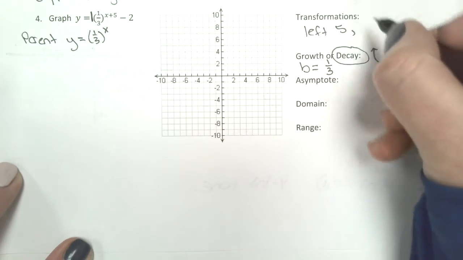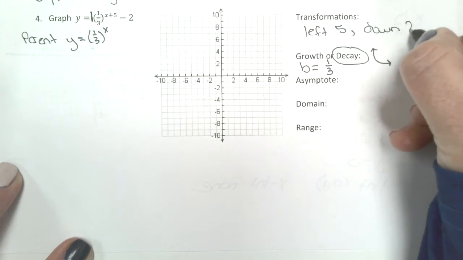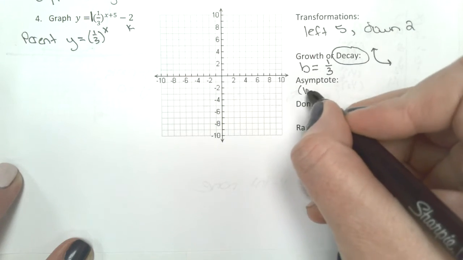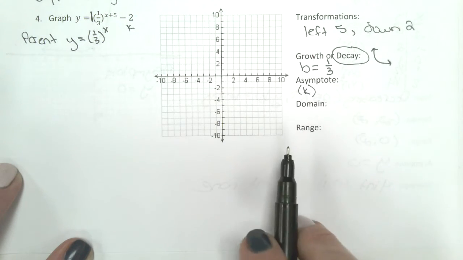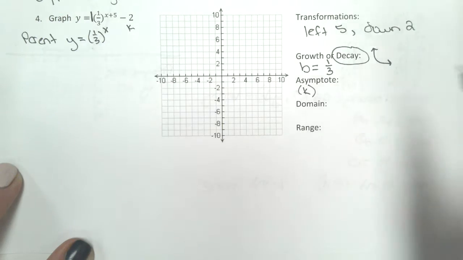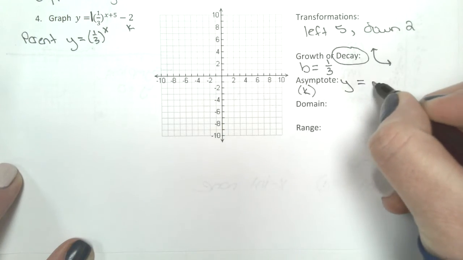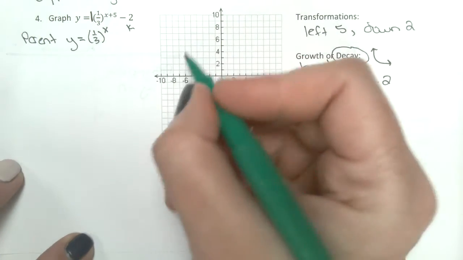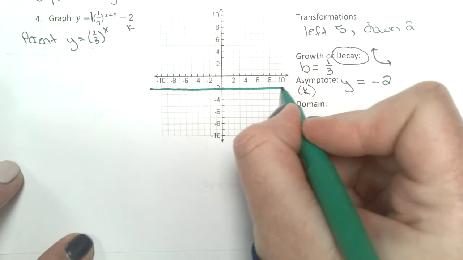And this minus 2 means that it's going to go down 2 units. So there is my k. Your asymptote is always what this k value is. So I know that I have an asymptote at y equals negative 2. So I'm going to go ahead and sketch that in.